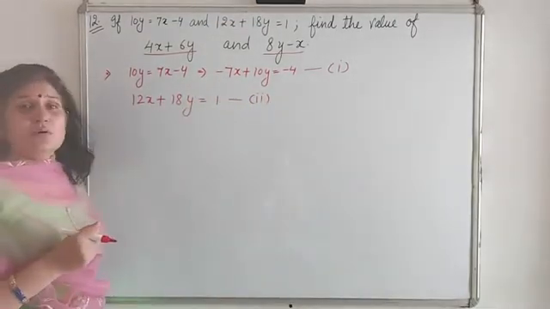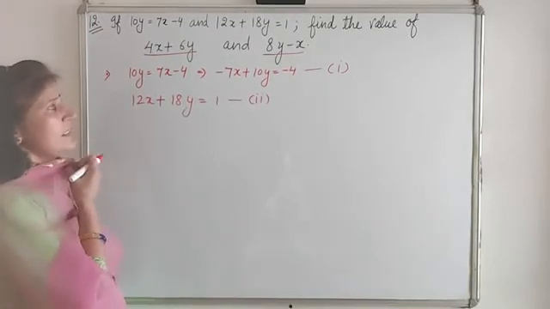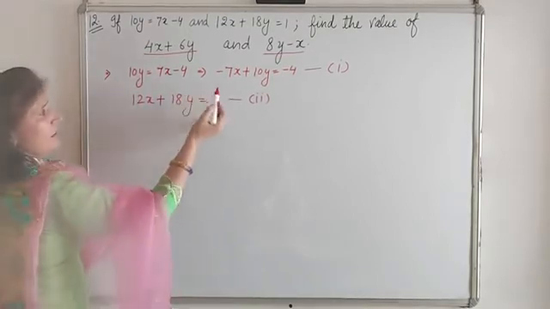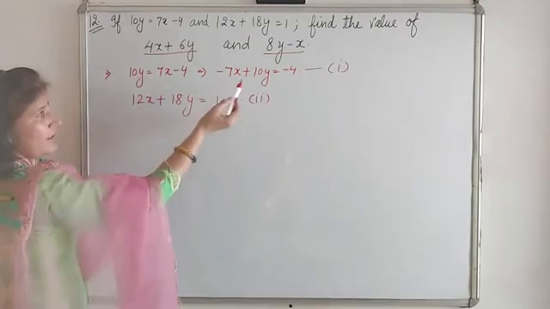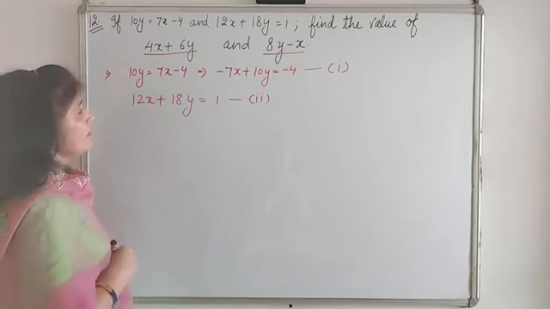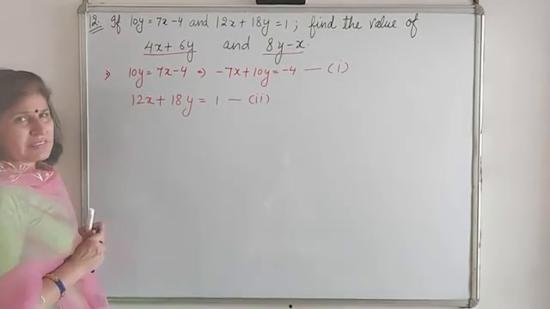So what you will do? You have to eliminate any of the variables. So we have to see their coefficients and then make them equal. Here x is minus 7, here x is 12. And here y is 10, and in the second equation y is 18. So any one variable you have to make the same coefficient.